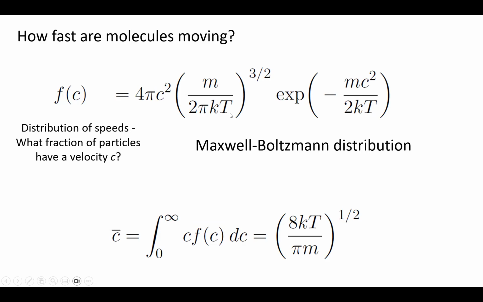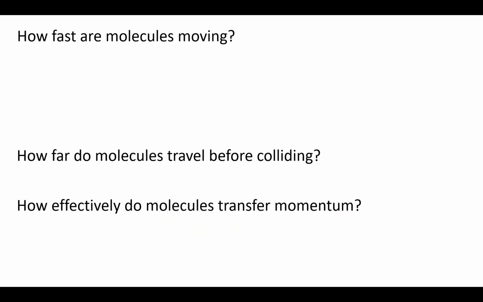And if we do that for this functional form of the Maxwell-Boltzmann distribution up here, then we get a mean molecular speed, which is 8 times the Boltzmann constant times temperature, over pi times the molecular mass, all to the 1/2. That is our mean gas molecular speed. And so then we've mostly answered this first question.